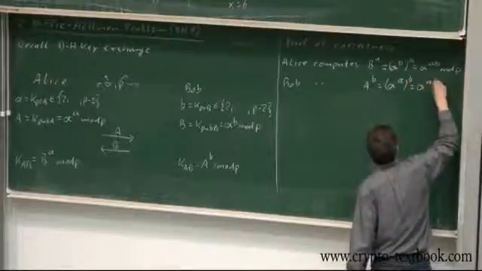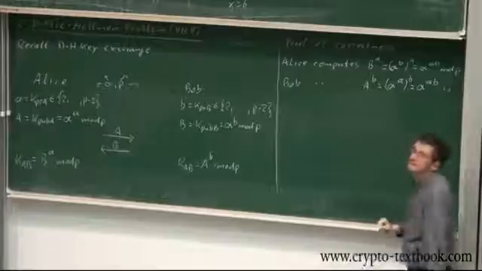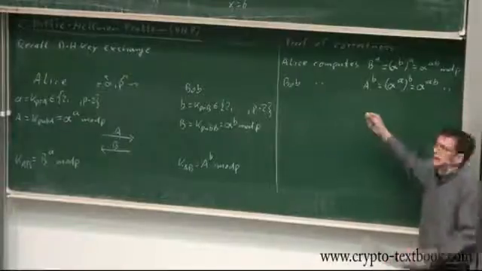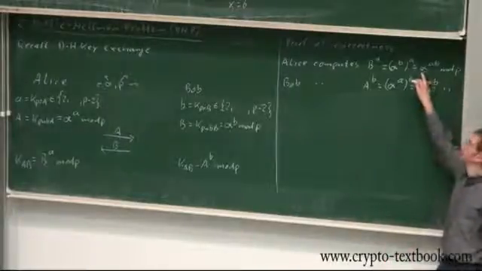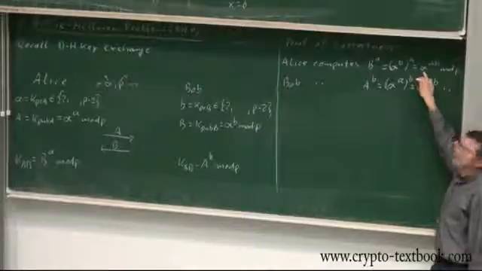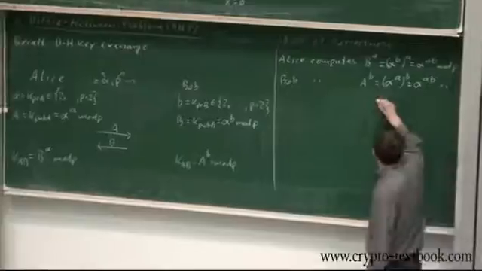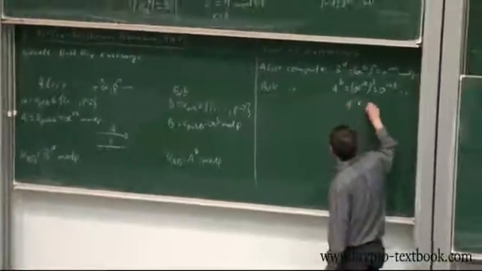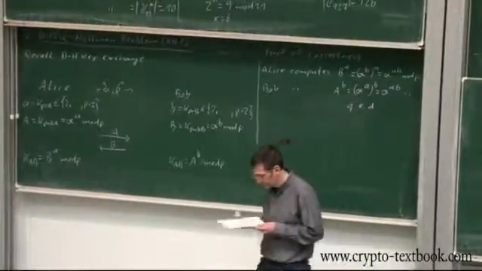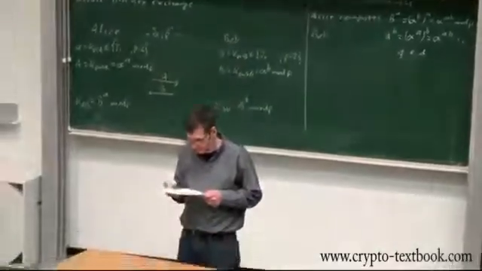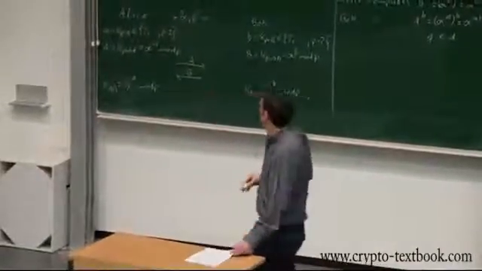This is alpha to the ab modulo p. And that's it, right? Both parties, Alice and Bob, compute effectively alpha to the ab. It's the same 1024-bit number in practice, or 2000-bit number. This proof of correctness is easy, okay?